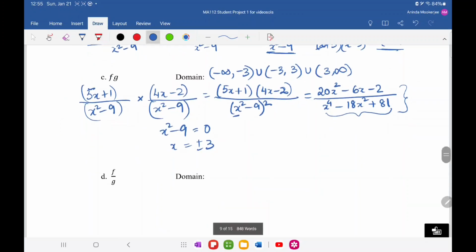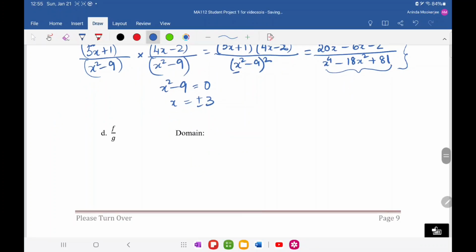Going on to the last one, which involves division. Let's do that. We have 5x plus 1 divided by x squared minus 9, divided by 4x minus 2 divided by x squared minus 9. So what do we do here? In algebraic division, or any division, even in arithmetic division, we keep the numerator side, which is the one on the left hand side of the division sign, the same.